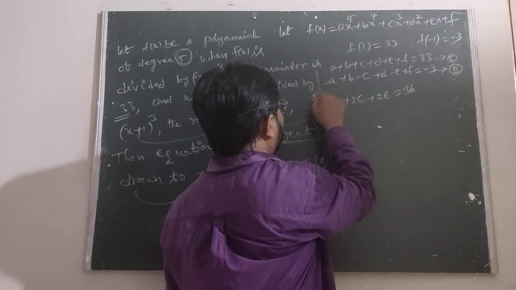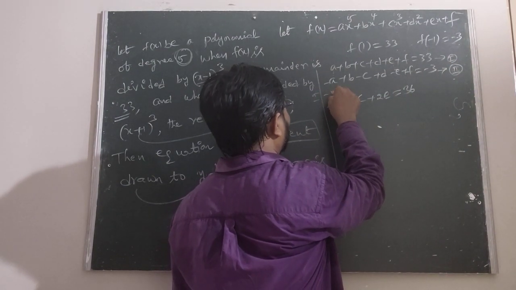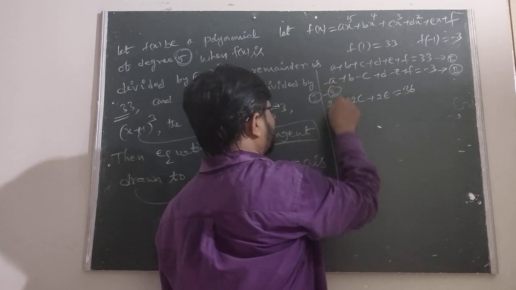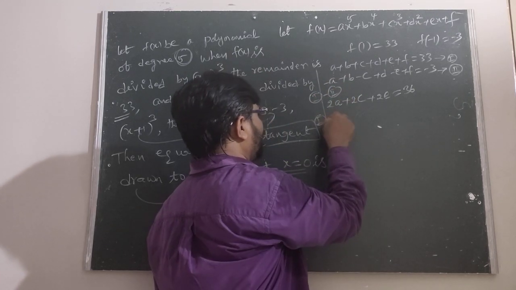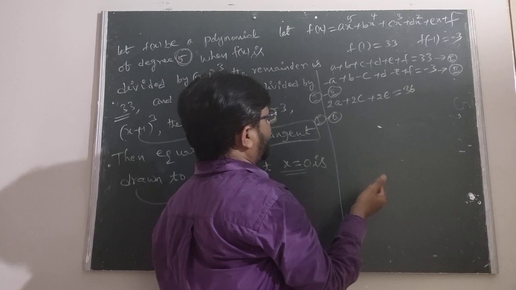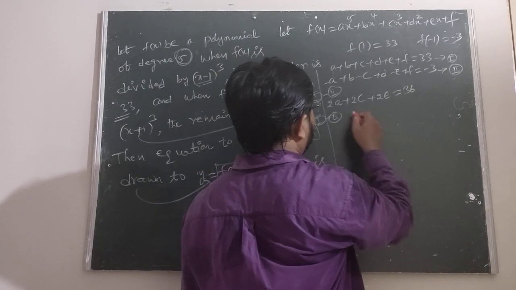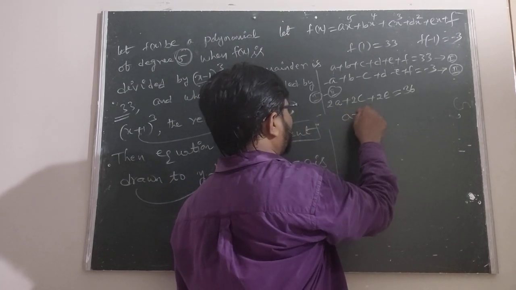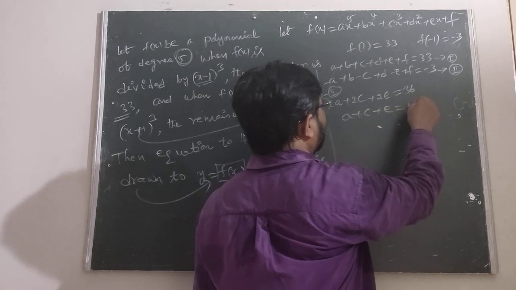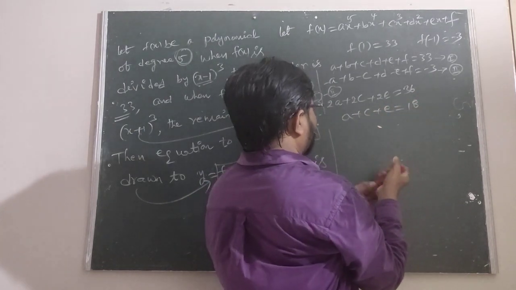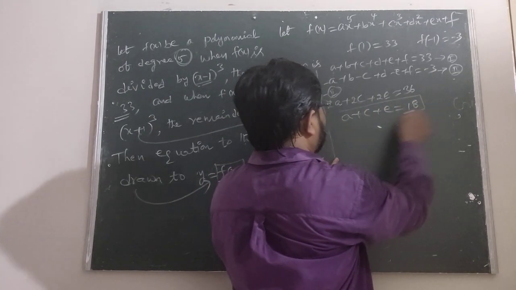Now 1 minus 2 gives this one. Now 1 plus 2, dividing by 2 also, we get a plus c plus e is 18.